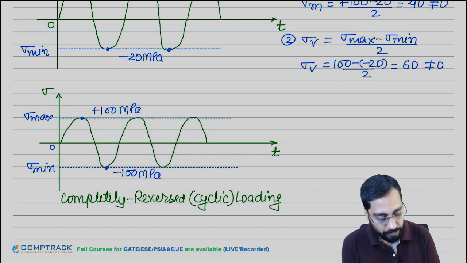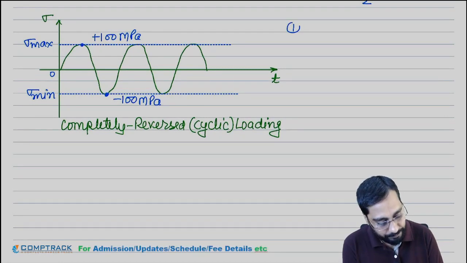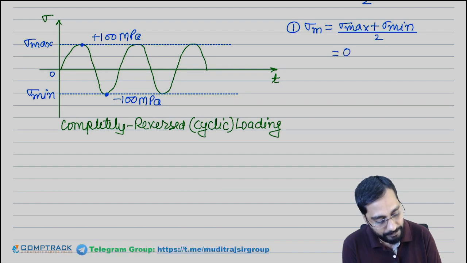Okay. So here the mean stress, when you check, mean stress will become maximum plus minimum by 2. So plus 100 minus 100, it will become 0 actually. In this case, the mean stress will be 0.